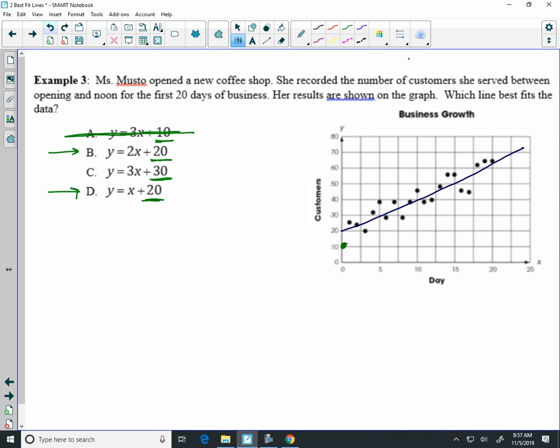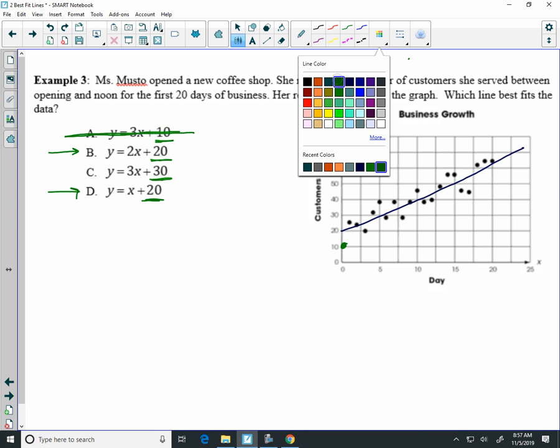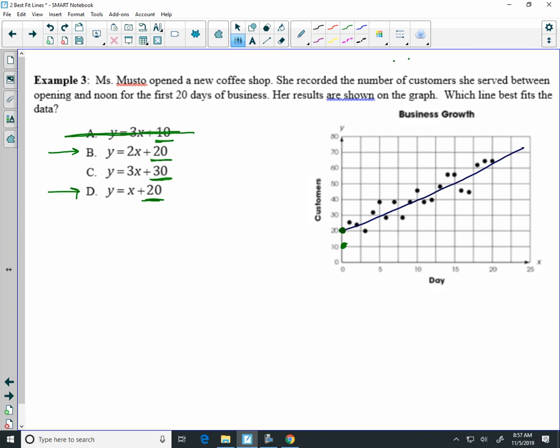The thing you have to be really careful about now when we're working on slope is that we're not just going from here to here up 1 over 2, right? How many units are we going up between 20 and 30? 10. And how many units are we going over when we go over 2 boxes here? 5.